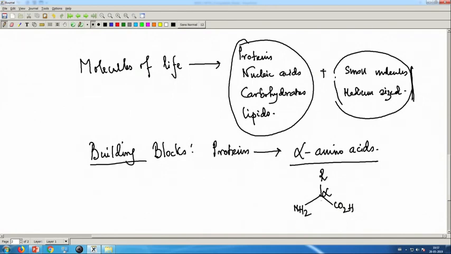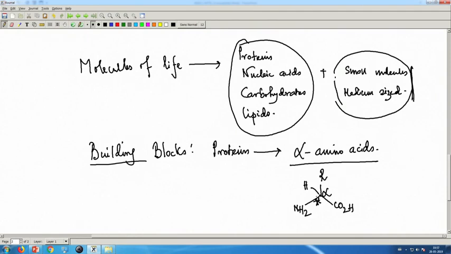However, if you look at this molecule, you see that there is a hydrogen here also. So, this carbon is what is called a stereogenic center, or in the classical nomenclature, a chiral center.